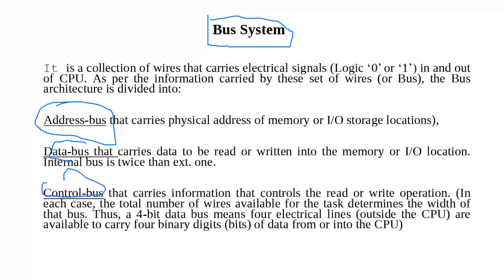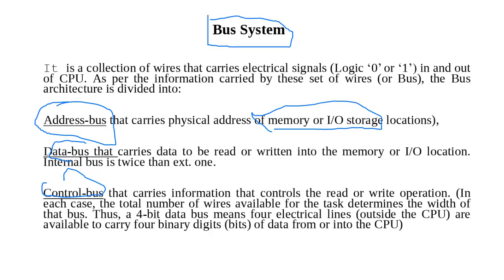The address bus carries the address information of memory or input output system. Memory, the RAM and ROM based memory, must have an address. Otherwise, which location will you go to? Memory has many memory locations, many cells.